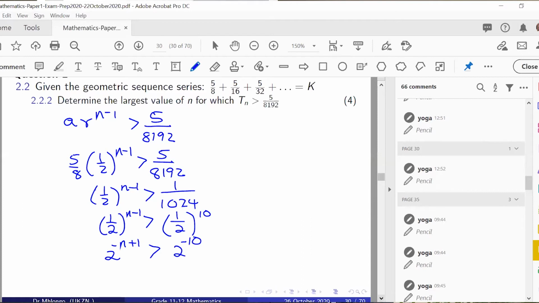Okay. I am going to draw a graph now, illustrating or explaining the solution.